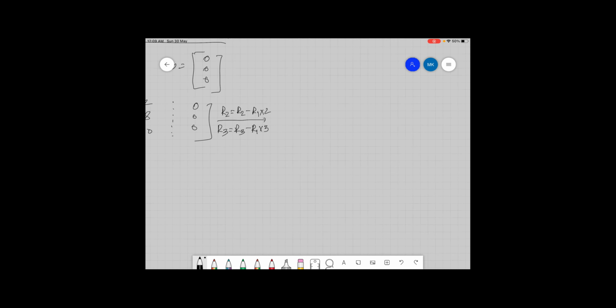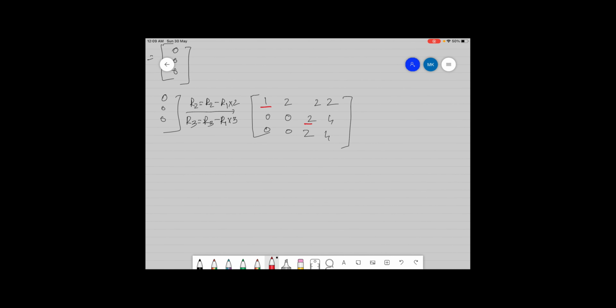So from this we can get 1 2 2 2, 0 0 2 4, 0 0 2 4. So this is one pivot here, and this is another pivot here. You can also get the zeros under the pivots.